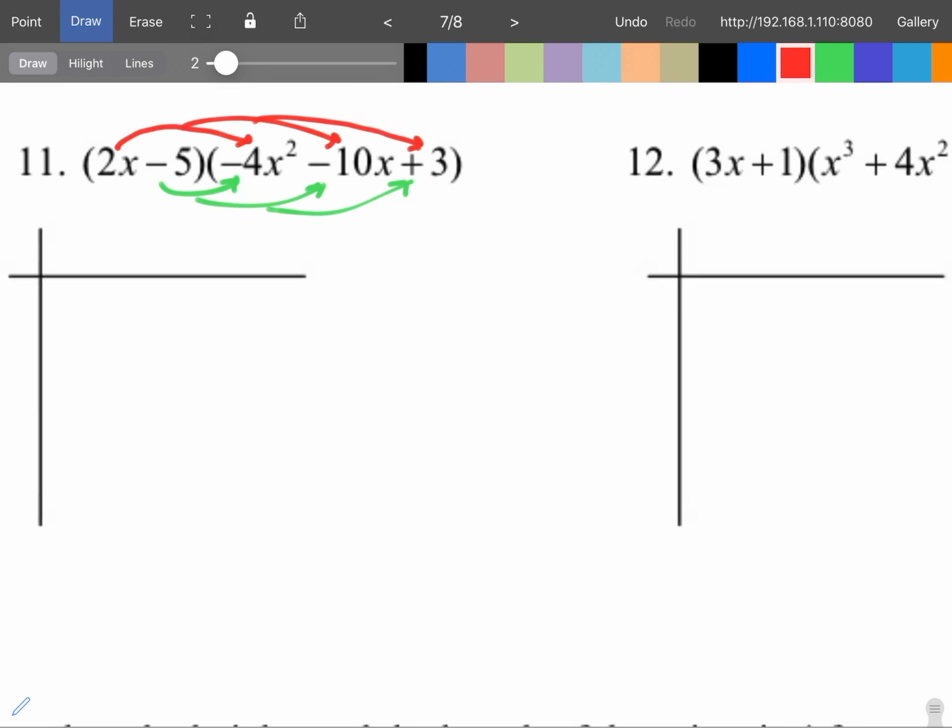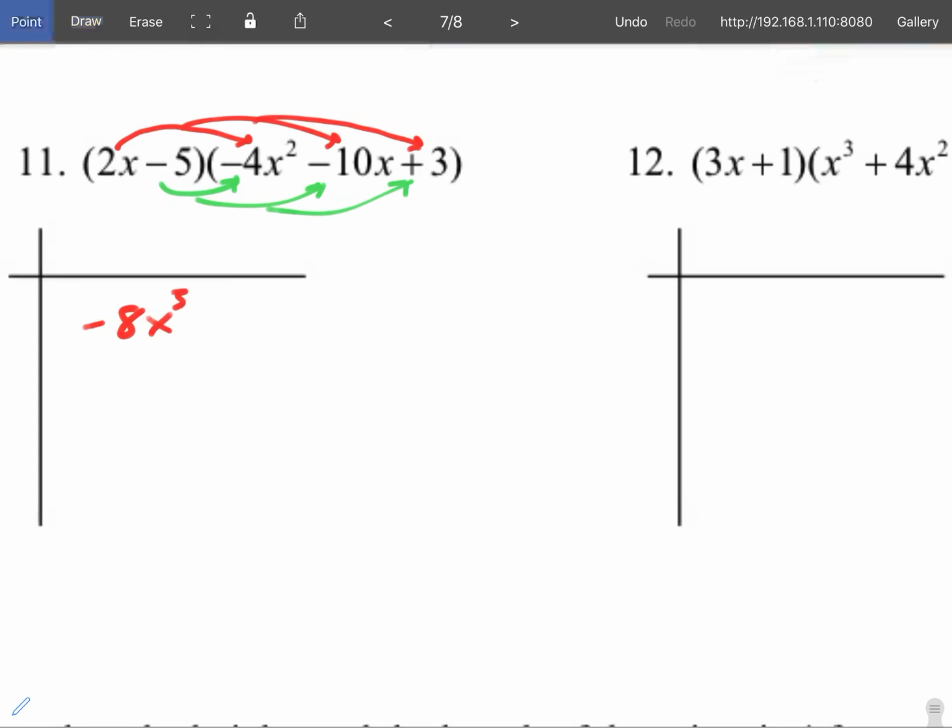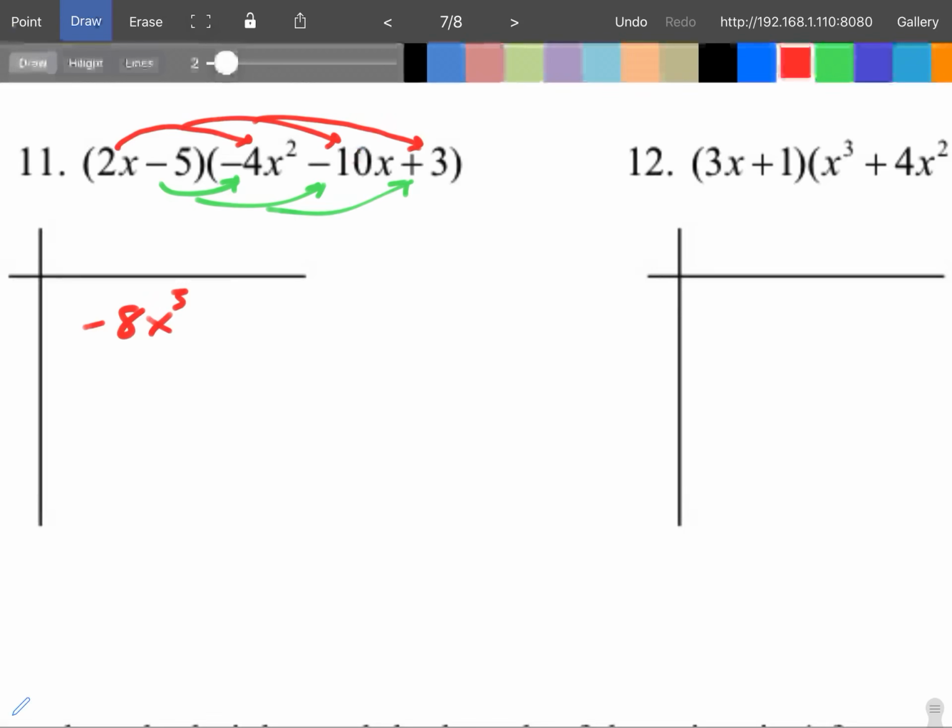So in the red, we got 2x times negative 4x squared. Well, that's going to give me negative 8x cubed. And then I'm going to do the 2x times the negative 10x. So that's going to give me negative 20x squared.